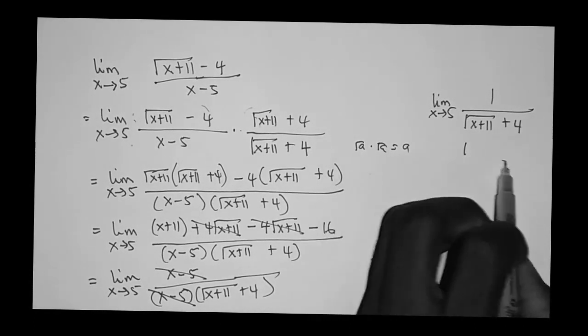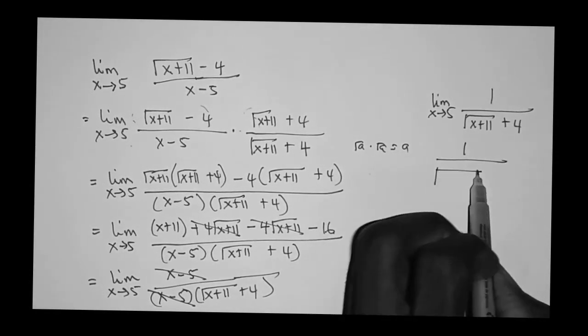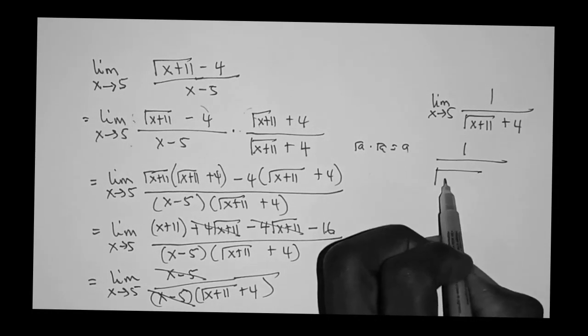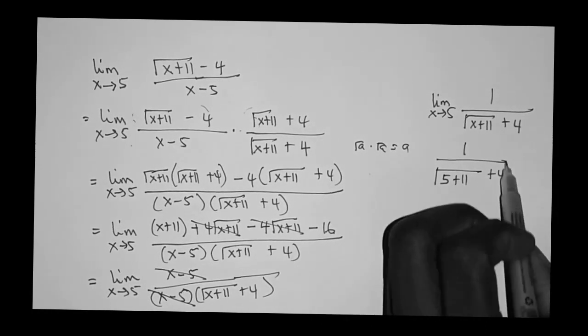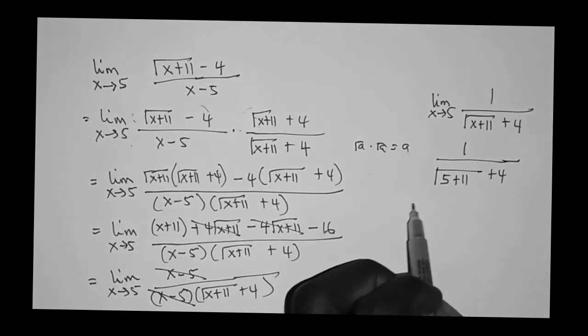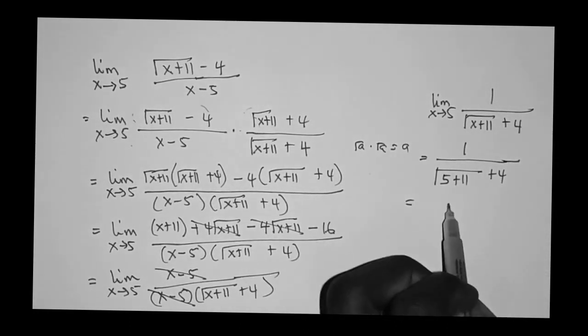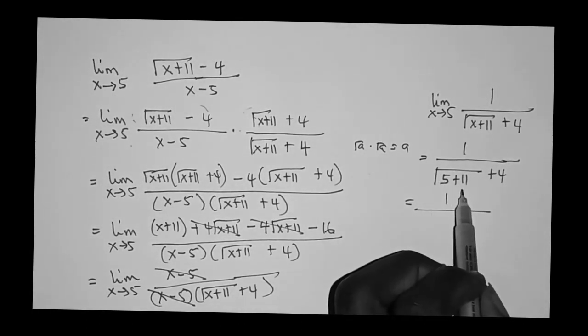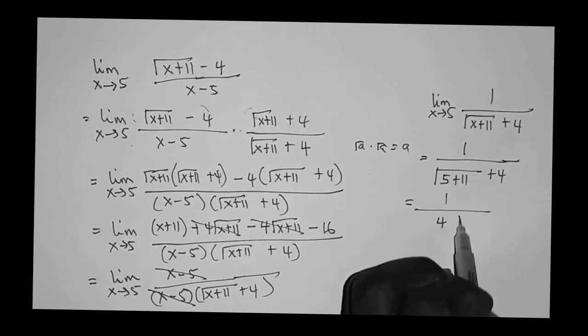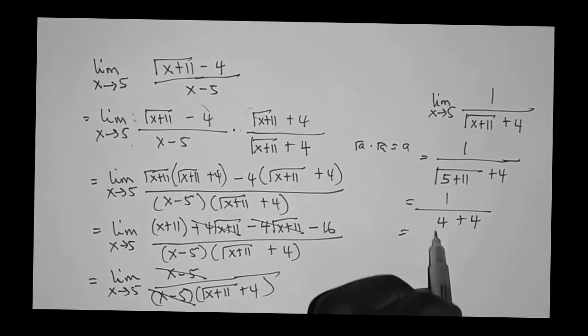So let's just do the substitution. It becomes root of 5 plus 11, plus 4. So this is equal to 1 over square root of 16, which is 4, plus 4, and this is equal to 1 over 8.